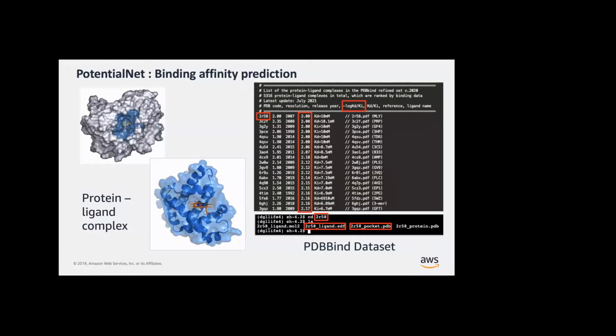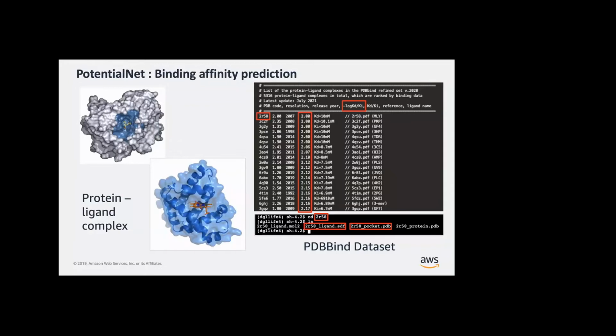The KD is a dissociation constant and the KI is an inhibitory constant. The basic binding affinity is expressed as a ratio between those two constants, and this number itself is the output of the graph neural network.